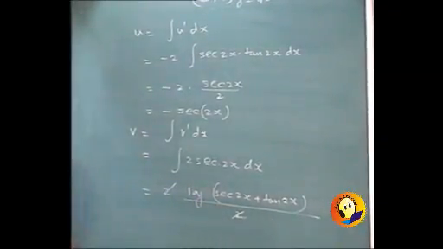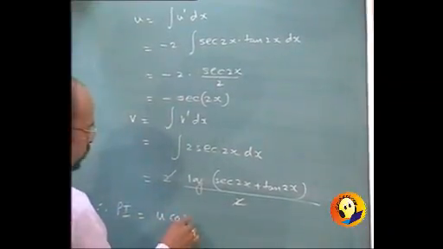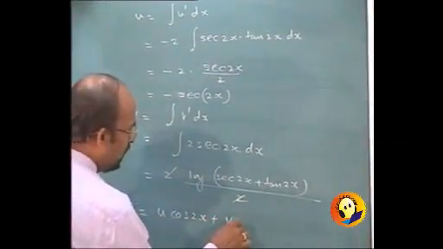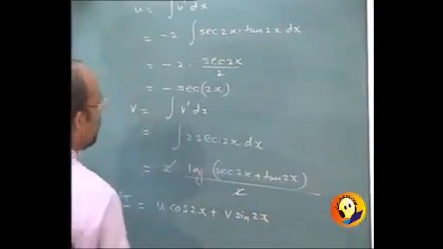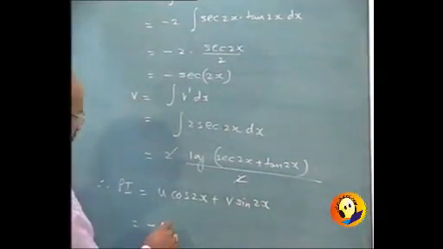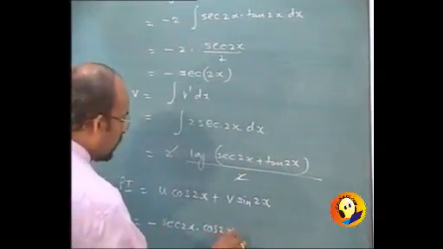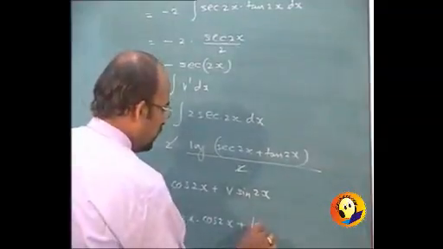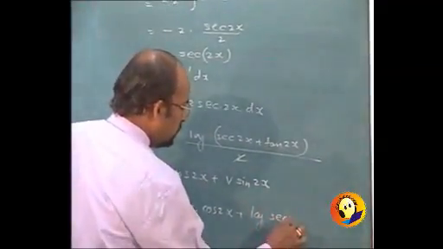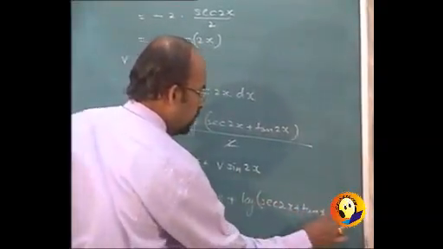And therefore pi, which was assumed as u cos 2x plus v sin 2x, can now be written as minus sec 2x into cos 2x plus log of sec 2x plus tan 2x into sin 2x.